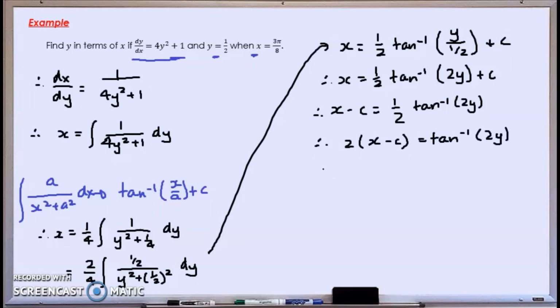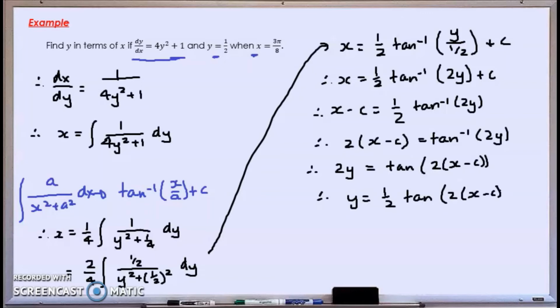Now it's time to take the tan of both sides, and I'll end up, I'm just swapping them around here, 2y equals tan of 2 times x minus c, and therefore y equals a half tan of 2 times x minus c.